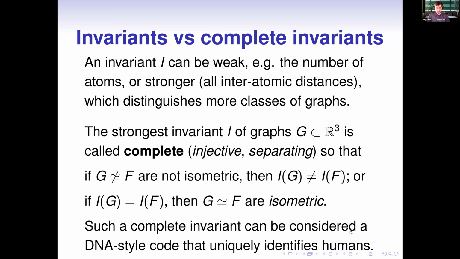And here's just an example: we can think about it as a DNA-style code that uniquely identifies humans, although this is not entirely true, because there can be humans with the same DNA, but if we take such things out and so on, this is almost true.